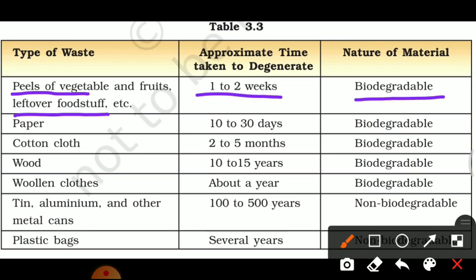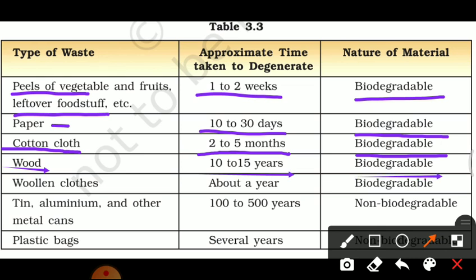Paper takes 10 to 30 days to degenerate and it is also biodegradable. Cotton cloths take 2 to 5 months to degenerate and they are also biodegradable. Wood takes 10 to 15 years to degenerate, that is also biodegradable.